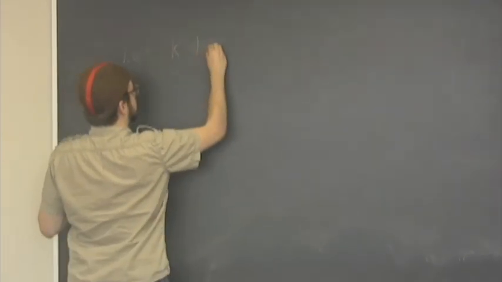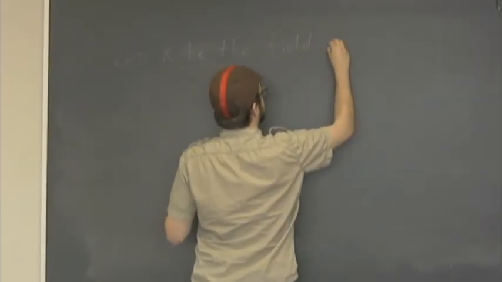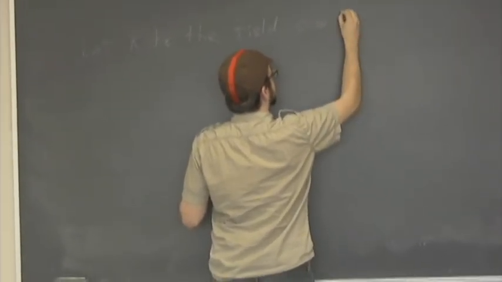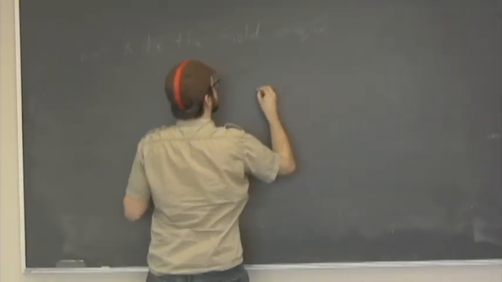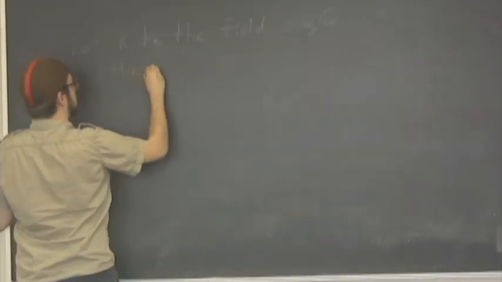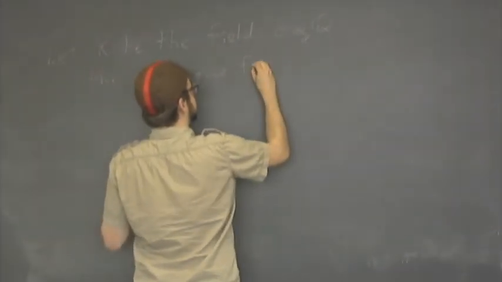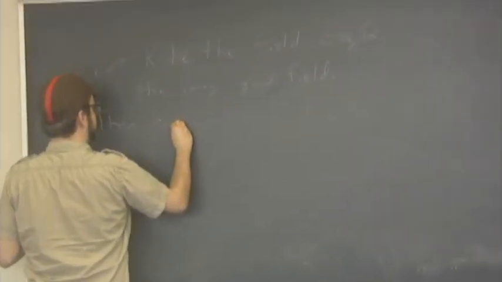Let's let K be the field inside Q bar generated by O. It's just the imaginary quadratic field that the order lives in.